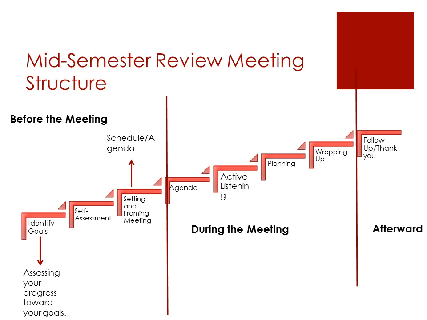So your next task, once you've set out the agenda, is to engage in some active listening. Remember that the goal of this meeting is for you to get feedback about your performance. So active listening doesn't mean you're silent or passive, but it means that you are engaged actively in trying to understand what your supervisor is communicating to you.